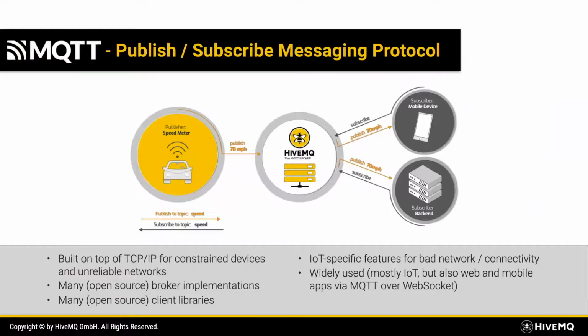We are using the MQTT protocol in our architecture to get the data from the cars. MQTT is an open standard publish subscribe messaging protocol that is built upon TCP/IP. It is really optimized for high throughput, high scale deployments. So hundreds of thousands, tens of millions of devices can be connected to a single broker cluster.